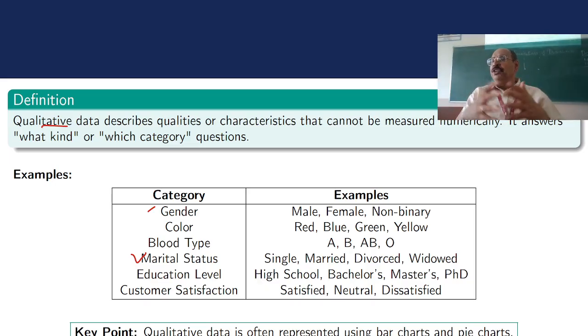Now, more than 5 lakh is categorical, but if you are asking a numerical thing, what is your annual income? You're saying 5 lakhs, 6 lakhs. So that's quantitative. We can convert quantitative into qualitative by giving ranges.